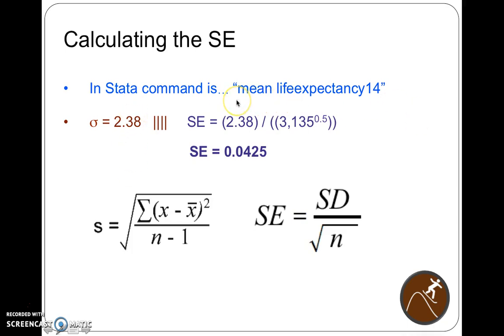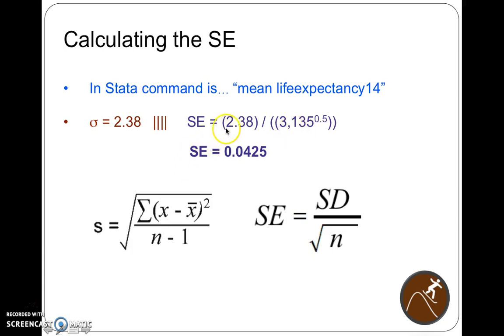In Stata, in order to actually get the standard error, you can just type in the command mean life expectancy. If you type in means, you'll get confidence intervals. You won't get just the standard error. You could do it by hand. So you could get your standard deviation, 2.38, divide it by the square root of your n value.